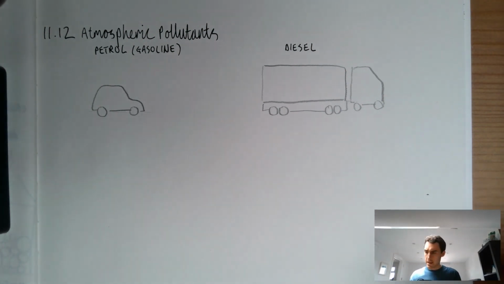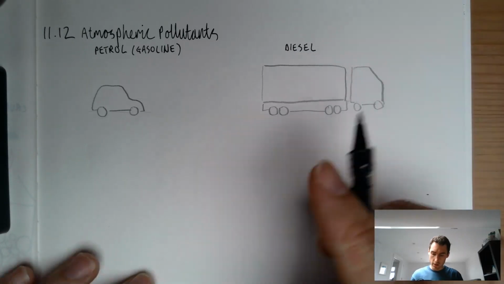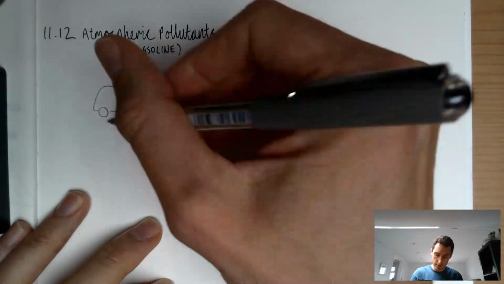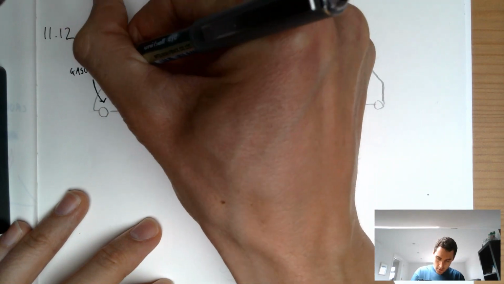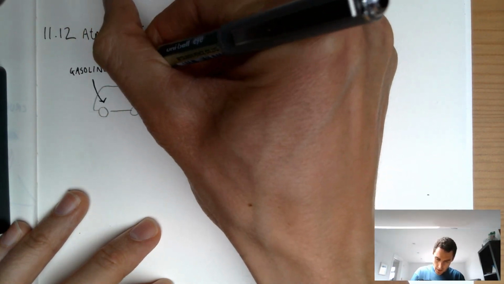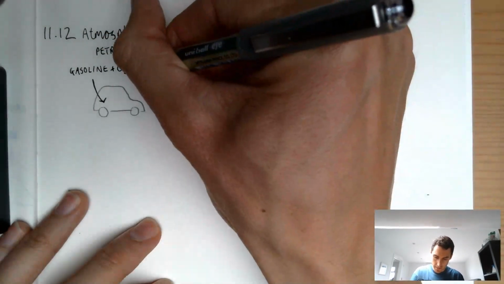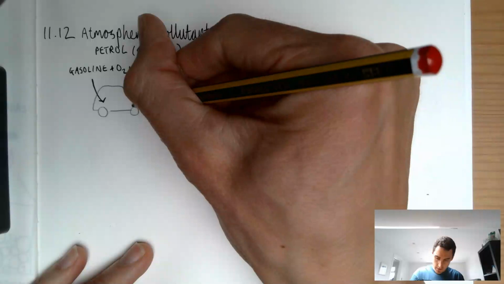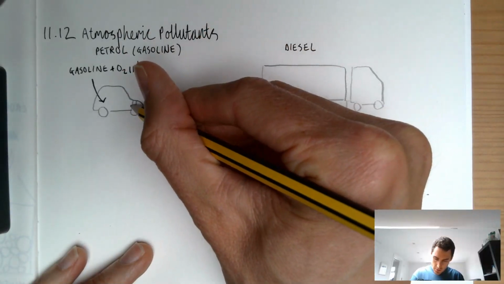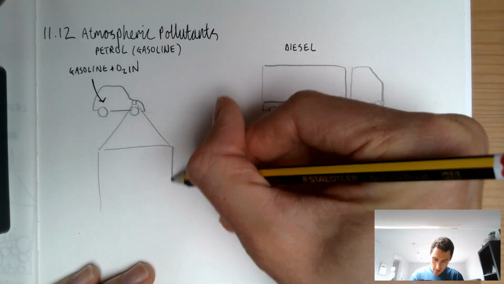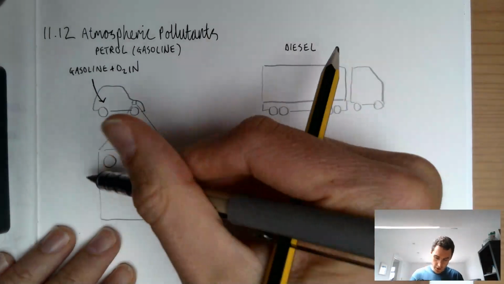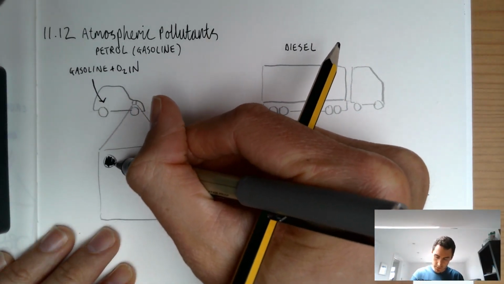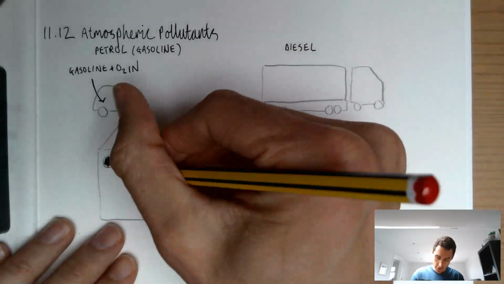So what we can do is show, with a petrol engine, what we're doing is putting in gasoline plus oxygen. I'll just put O2 in. And then what's happening inside the engine, and this is just building on what we did last time, if I zoom in on what's happening inside the engine here, rather than going down the road of talking about octane and C8H18, I'm just going to do a really simple one.